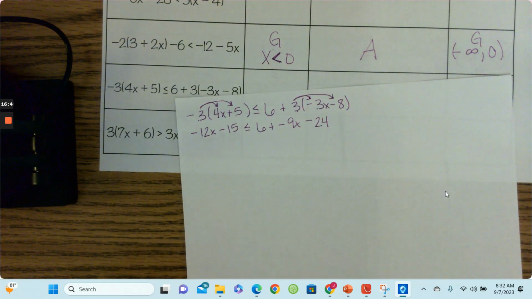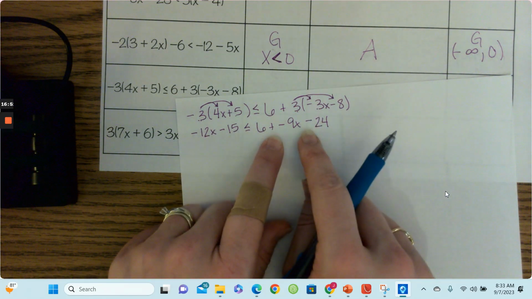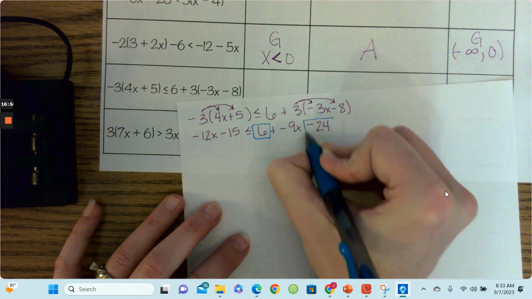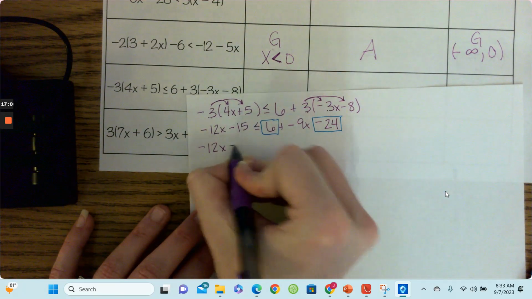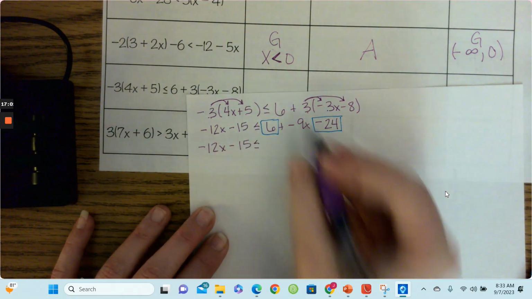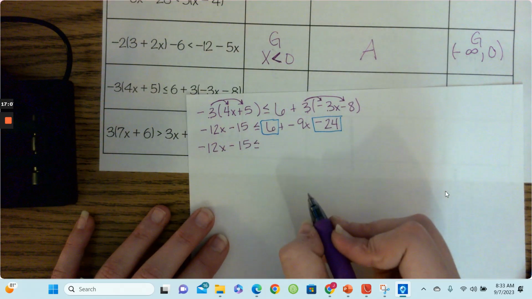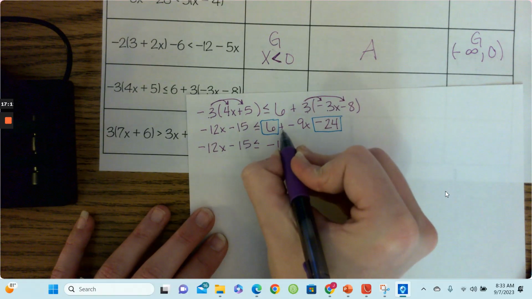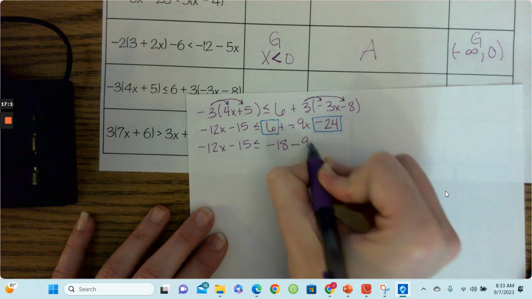Okay, so group all your pieces up. All you want on either side is an x and a plain number. So I want to group up these plain old numbers. This side's going to stay the same. So 6 plus negative 24 is negative 18. And then I'm not going to do the plus minus again, I'm just going to do minus 9x.